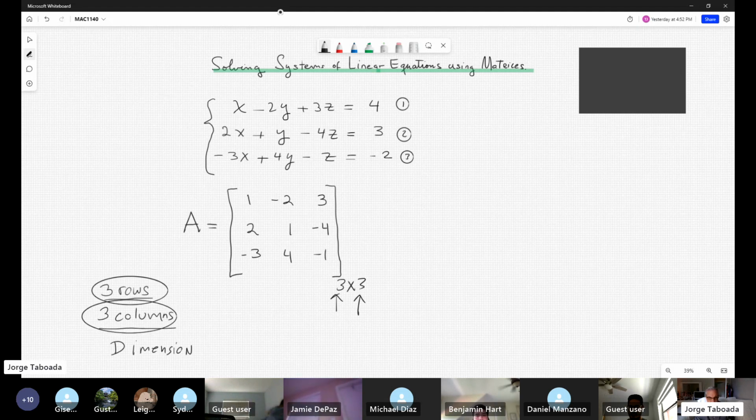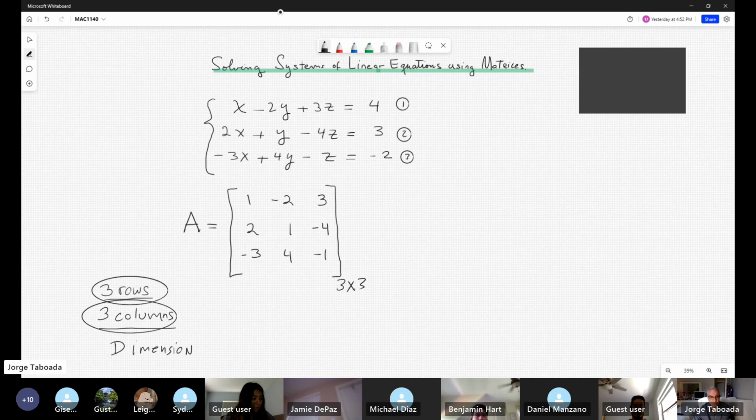This is a convention, guys. So 3 by 4, or 3 by so on. The first number indicates the number of rows, and the second one the number of columns. By the way, in this example, this matrix is a square matrix because the number of rows and number of columns coincide. But not always. You will see in a few seconds another matrix that is not square, but rectangular.